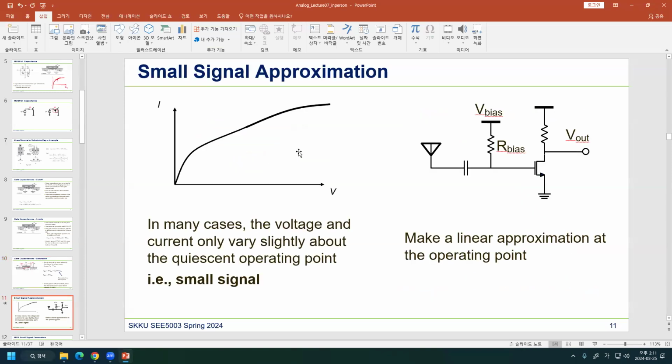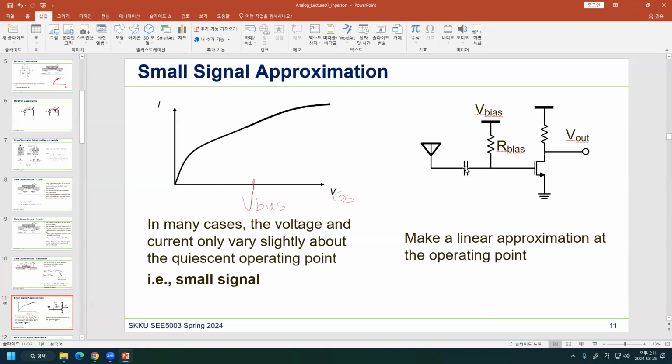This is also the reason, as I said, that analog circuit design always finds a linear approximation. For example, if you have the IV curve for this MOSFET, and let's say this is VGS, and here you see that we have a V bias, because in this figure there's V bias.